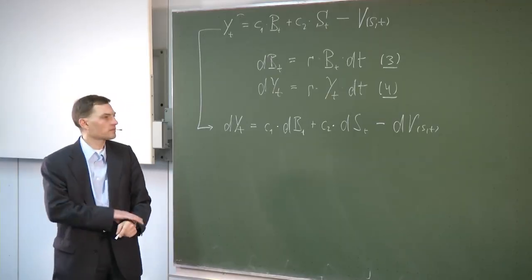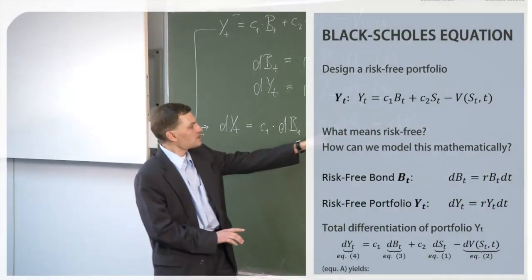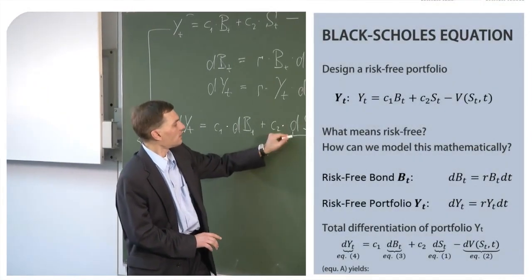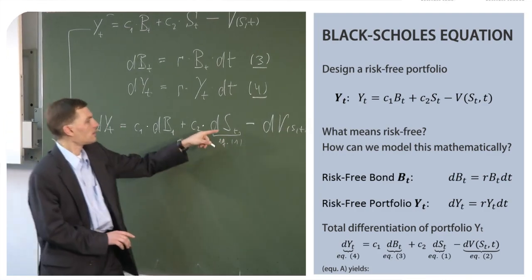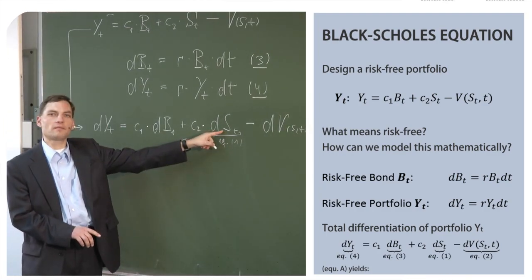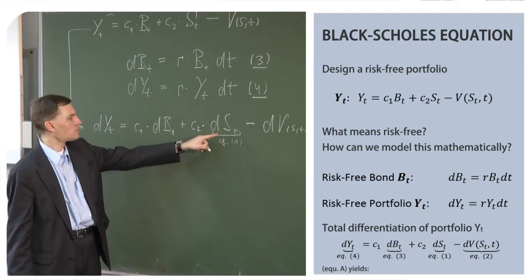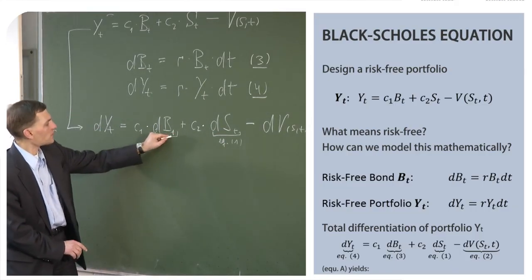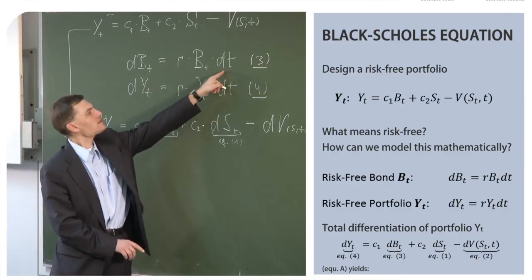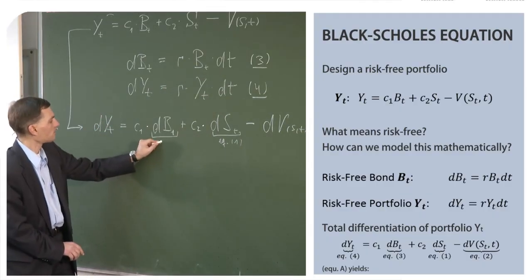Now take a look. The change of the stock price, well, this is what I told you 10 minutes ago, defined in my equation 1. The right-hand side of equation 1 defines the change of the stock price. The change of the bond price, well, this is defined in equation 3.